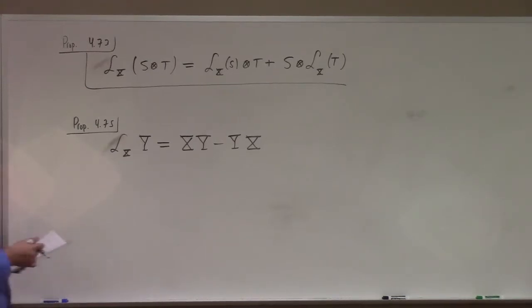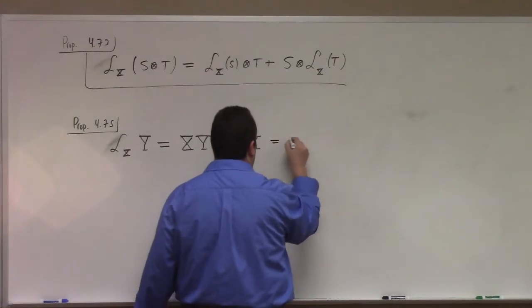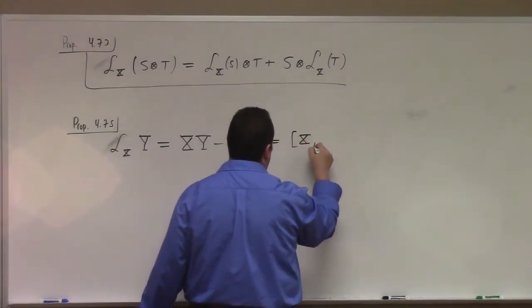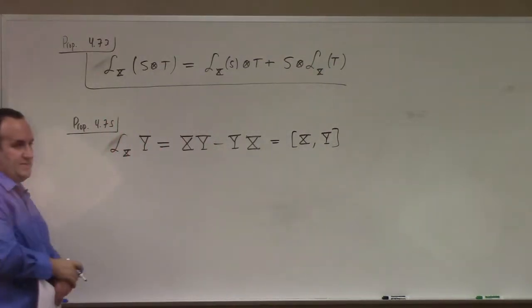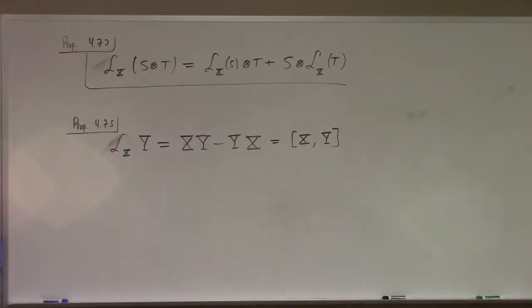Now this we also denote as the commutator. That's composition of vector fields.